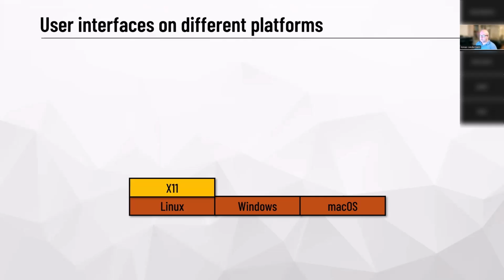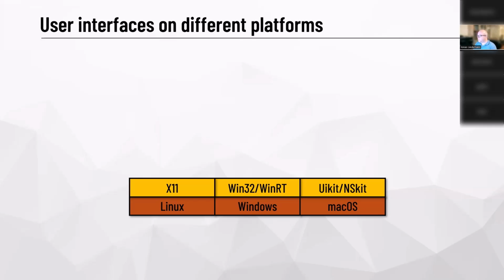On Linux, we have X11, and perhaps now also in the future, we have something called Wayland. They are related, they can use the same APIs. On Windows, we have Win32 or WinRT, which is the newer API. On a Mac, we have UIKit and NSKit, which are libraries similar to Win32 and X11 for implementing user interfaces on a Mac.